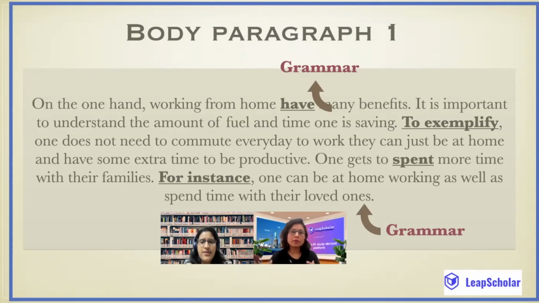It could be: my organization gave me work from home during the lockdown, which gave me enough time to spend with my family, and at the same time I could save time and fuel because I didn't have to commute every day to work.